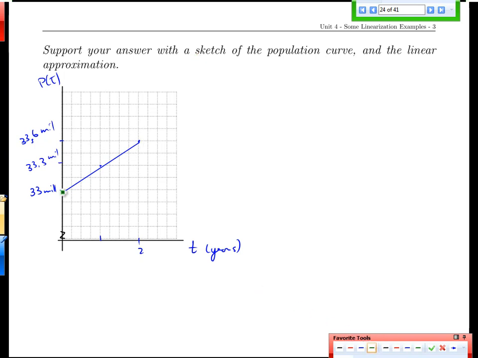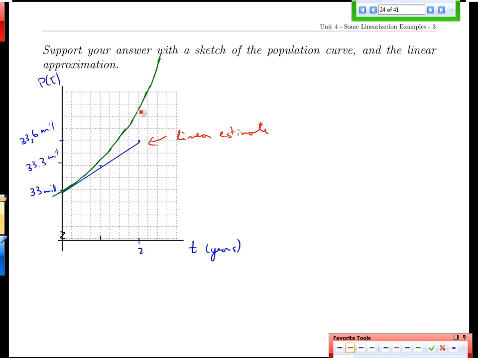But we were told that the population is actually growing exponentially. So we have the same slope initially, but an exponential curve is going to pull upwards with increasing slope, as the people who come in also have their own kids and produce more immigration as well. We're going to get more and faster growth, or a higher rate of growth. And so here's our linear estimate.